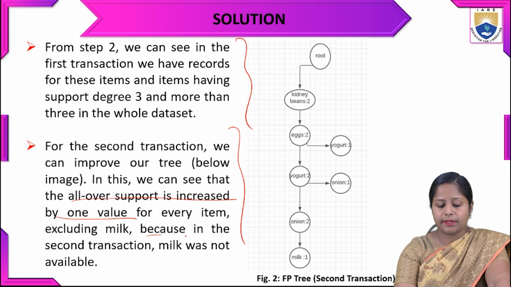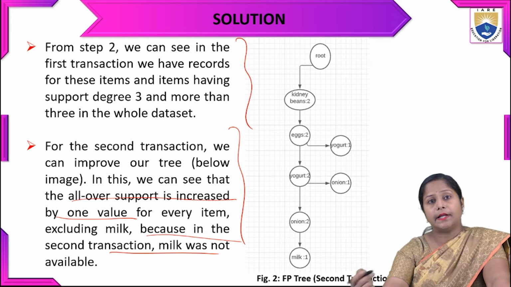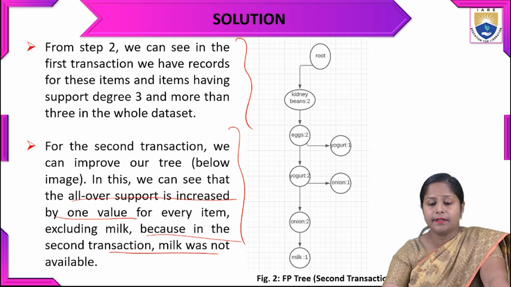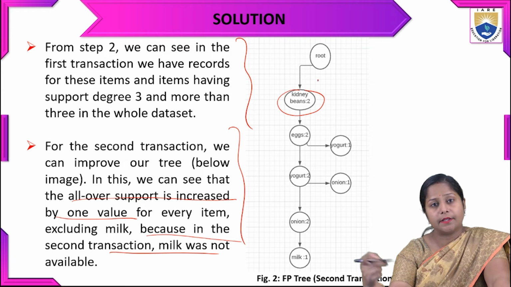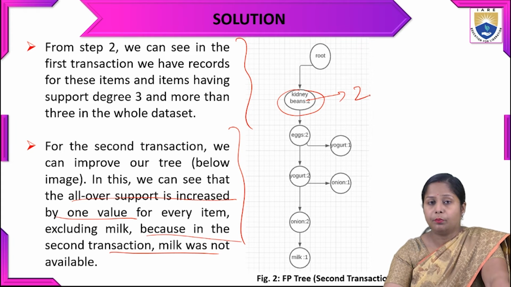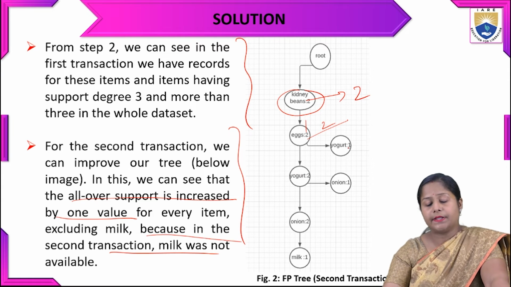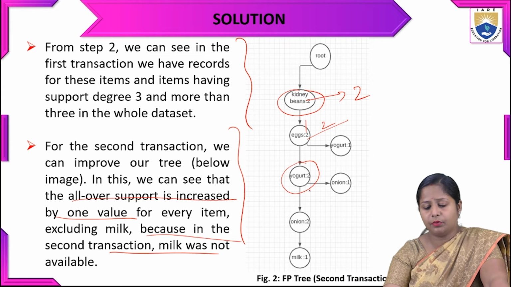So now, because in the second transaction milk is not there, what I have shown in the first transaction of the picture, how we have created that. Now the root will be there, the kidney beans that has been occurring a second time. So the count will be increased to 2. Egg will be increased to 2. Yogurt is also there, but in the first transaction the yogurt was also there, so that will be 2, and it will be related with the eggs.